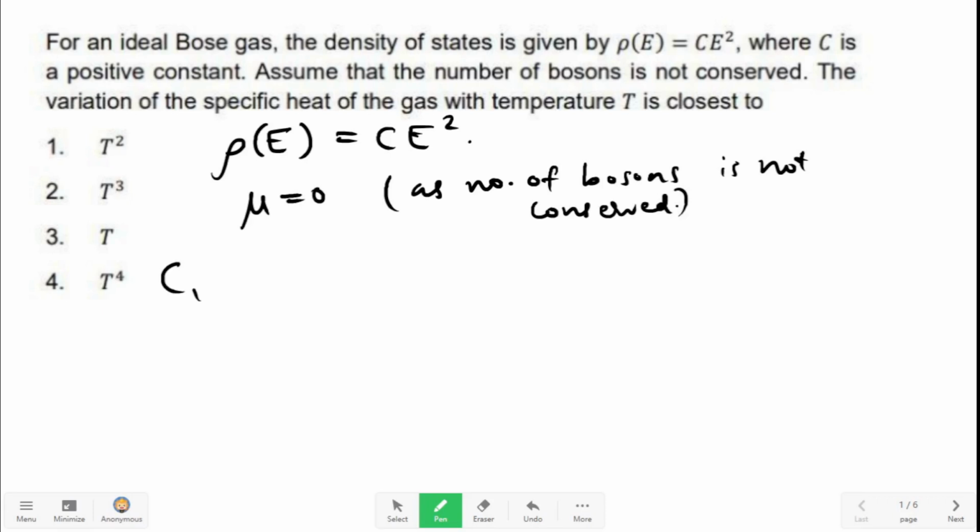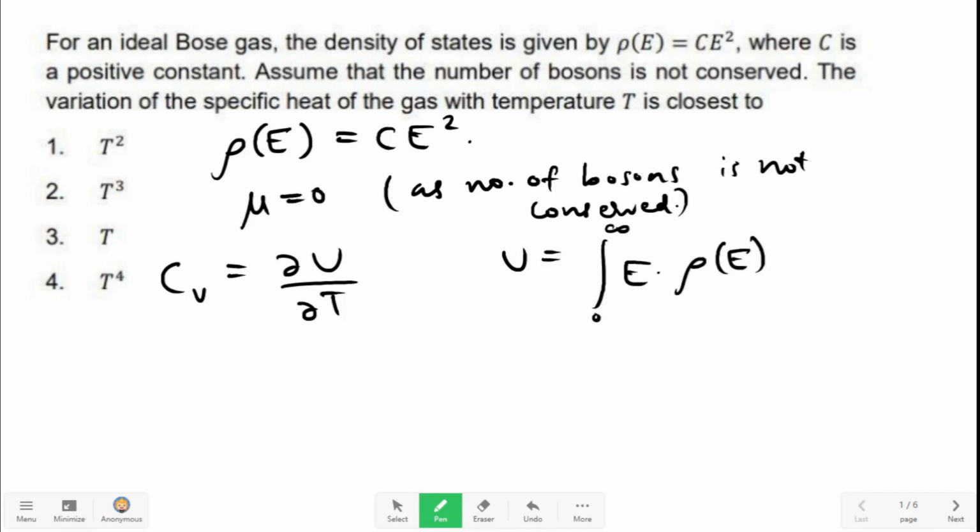We know that specific heat is the derivative of total energy U with respect to T. Now total energy U is given by U is equal to the integral from 0 to infinity of E times rho of E, the density of states, times f of E, the distribution function, times dE.